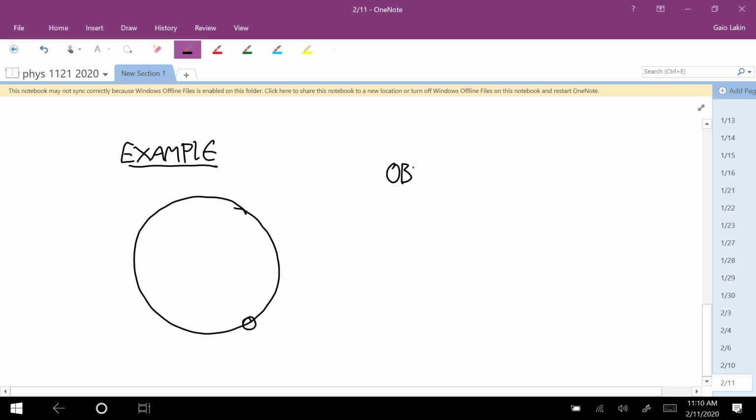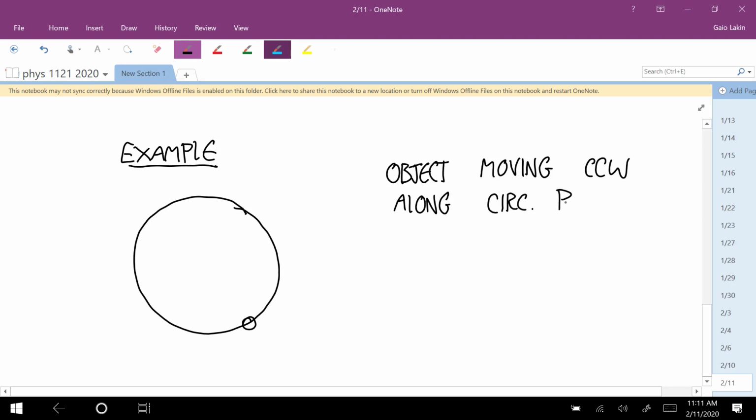So let's say the object is moving counterclockwise along this circular path, while slowing down.